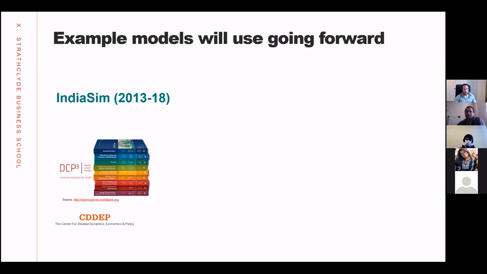It was part of DCP3, the Disease Control Priorities 3, which I worked on when I was part of the Center for Disease Dynamics, Economics, and Policy in Washington, DC. It is a Bill and Melinda Gates Foundation funded project that published 9 volumes through the World Bank. IndiaSim was used to model the Indian healthcare system and the interaction of the Indian population with the healthcare system.